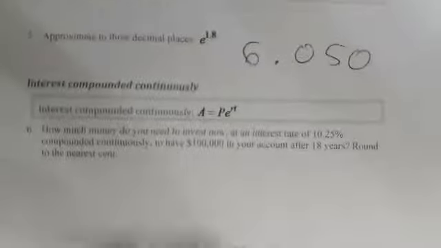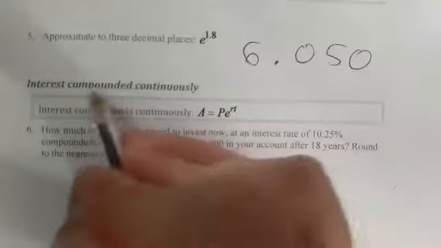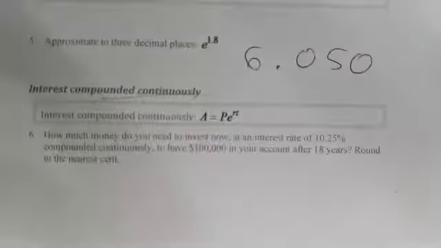And what ends up happening is we get this next formula. If we want our accumulated amount when compounded infinitesimally many times, we call it continuously compounding. So if you see the word continuous, think about the PERT formula. There is a shampoo called Pert.